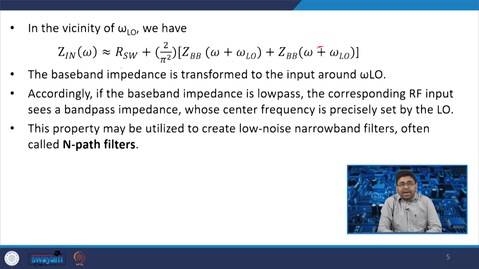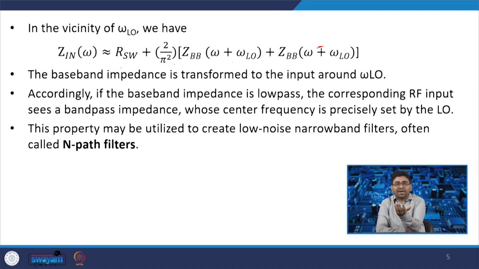Accordingly, if the baseband impedance is a low pass, the corresponding RF input sees a band pass impedance whose center frequency is precisely set by the LO. So if you have a baseband filter at low frequency, you can easily up convert it by using a passive mixer.